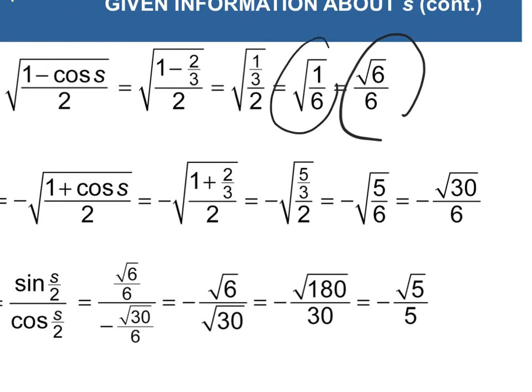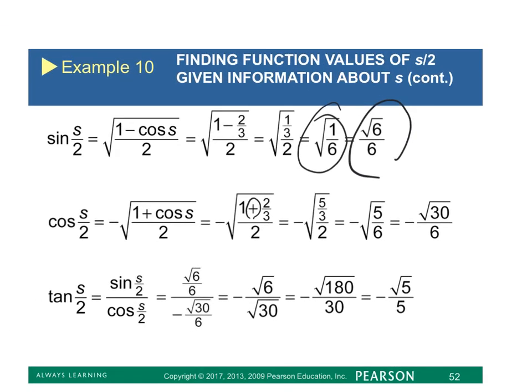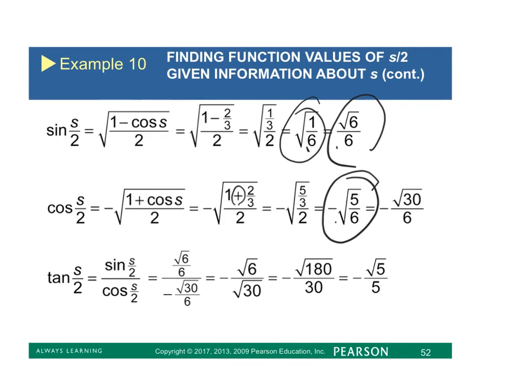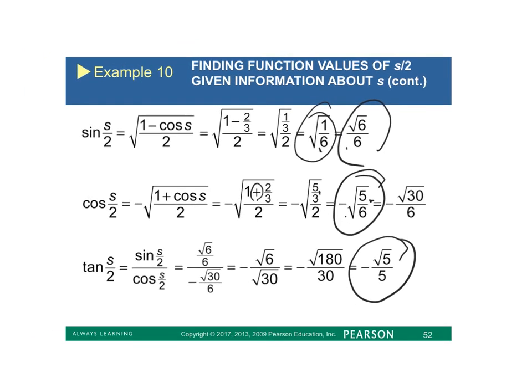Oh, yeah, here it is. 1/6. Oh, I messed up on the plus sign. We go, oh. 5/6. And negative. There's the 1/6. And obviously my tangent's going to be off because I didn't use the 5/6. But it's okay. I can show you right here that it works out.